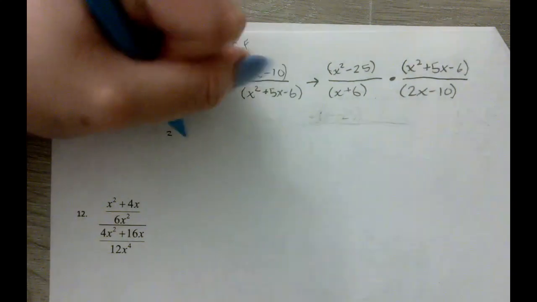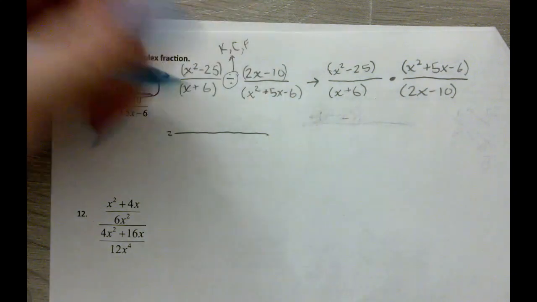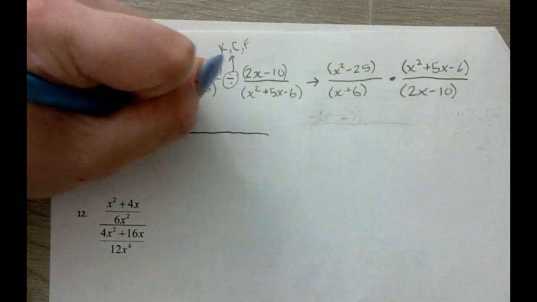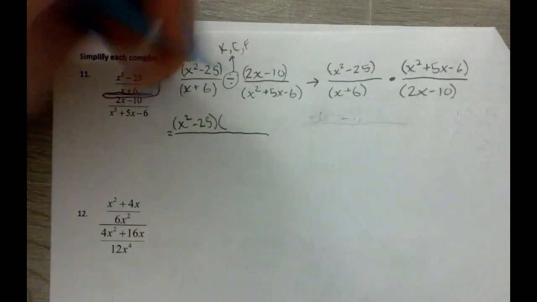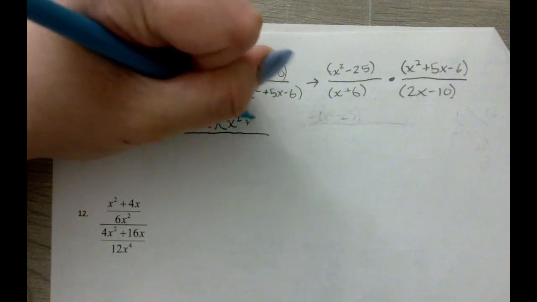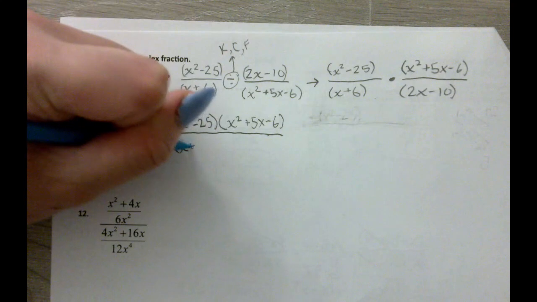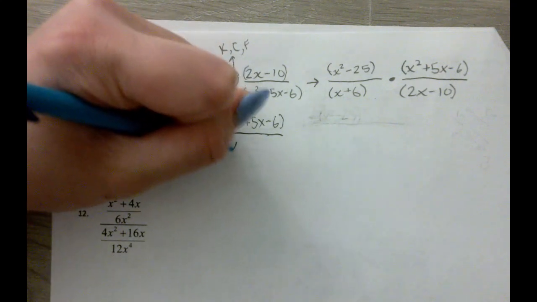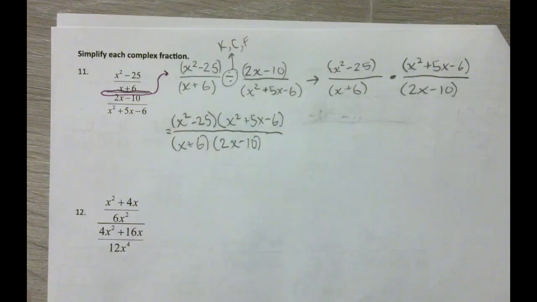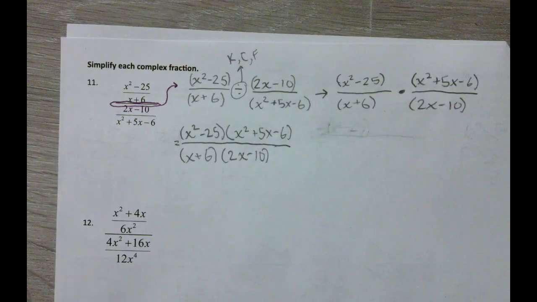So that's what I'm going to do. x squared minus 25, x squared plus 5x minus 6. x plus 6 on bottom. 2x minus 10 as well. Not a ton of factoring here to do.